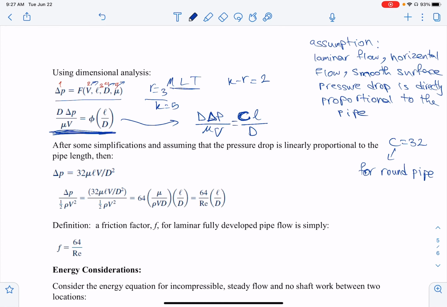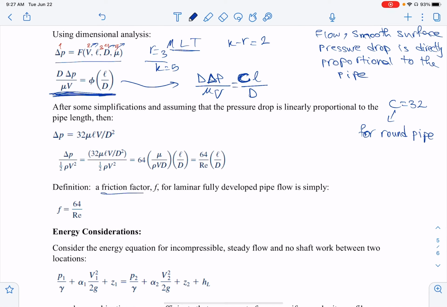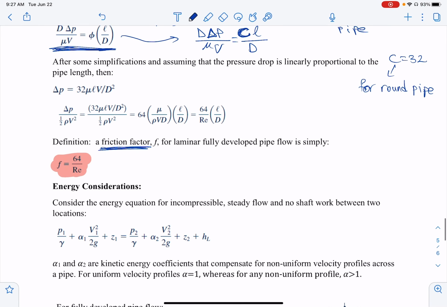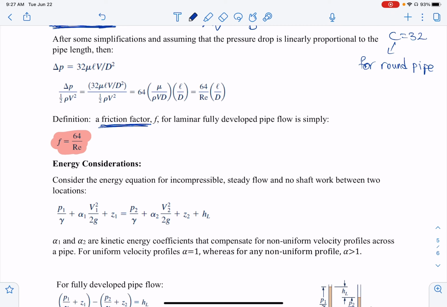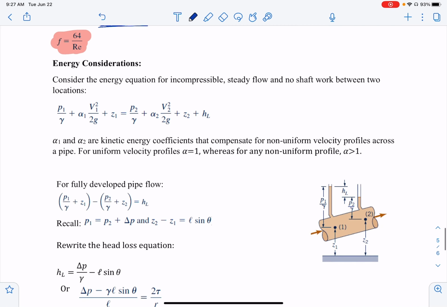And then we also have what we call the friction factor. We're also going to talk about it in section 8.4, but this is the formula for it if we have laminar fully developed pipe flow. Now let's consider the energy equation.